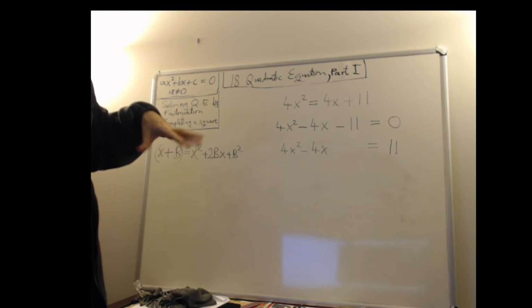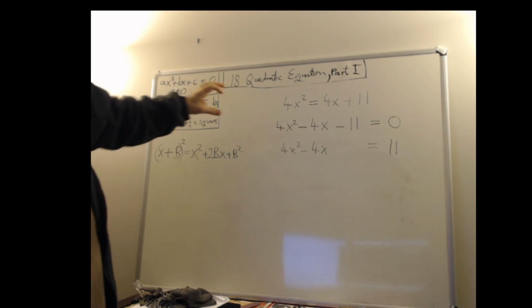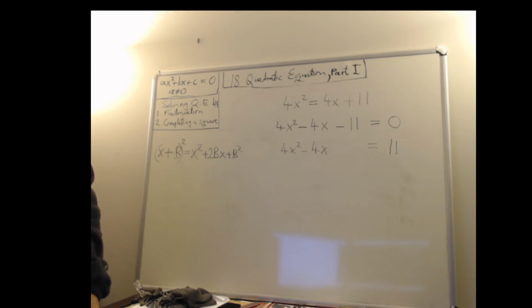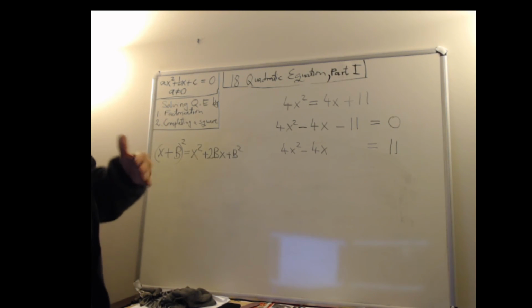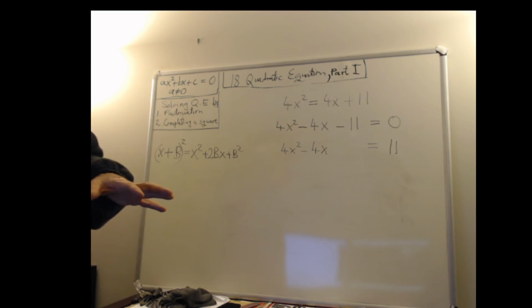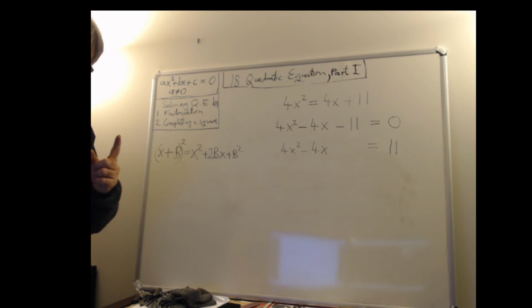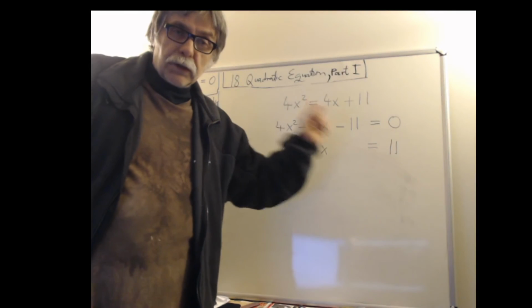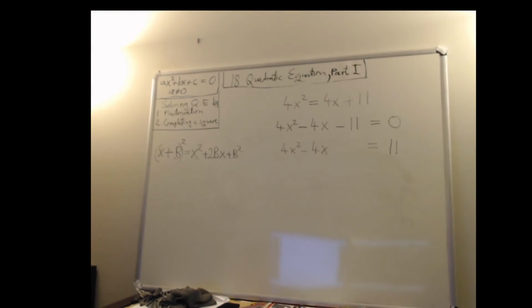I did that just to see whether I can actually factor this, and then I conclude, you can try yourself, that there is no chance of factorization here. So now I'm doing the completing a square method. The first step is to get the x's on one side, to get a constant term on the other side. You can remember that.